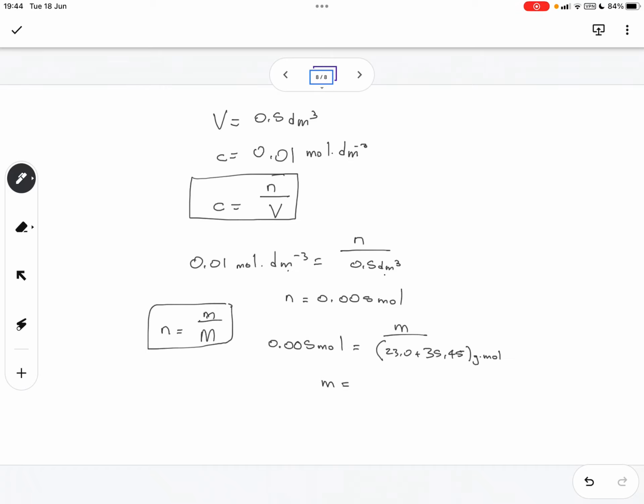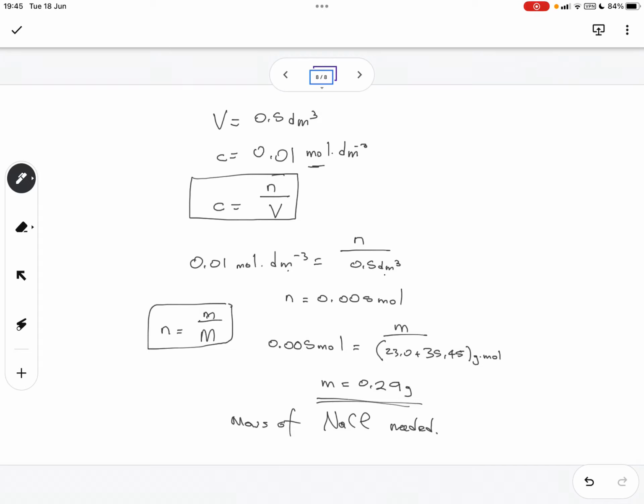This gives us the mass of salt required to give a concentration of 0.01 mole per dm cubed, which would be 0.29 grams, did I get the math right? Which is the mass of sodium chloride needed.